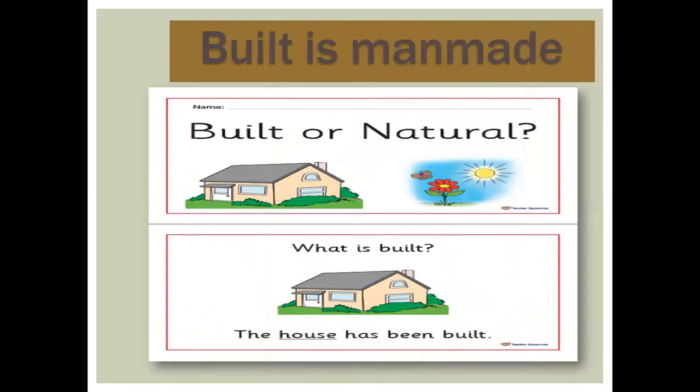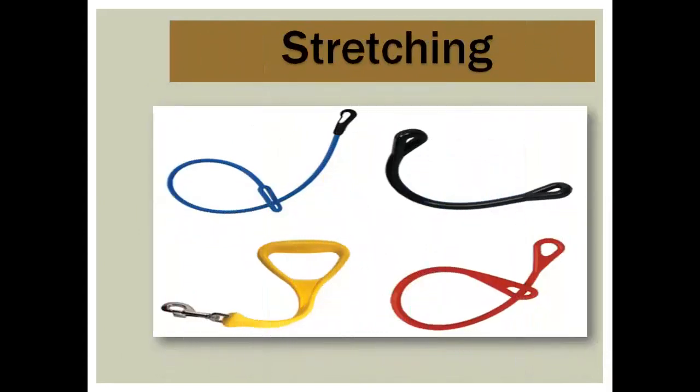Okay, stretching. We have discussed that there are some things, and only those things, that can be stretched. So these are the things that can stretch. Those things that have elasticity, we can stretch them.